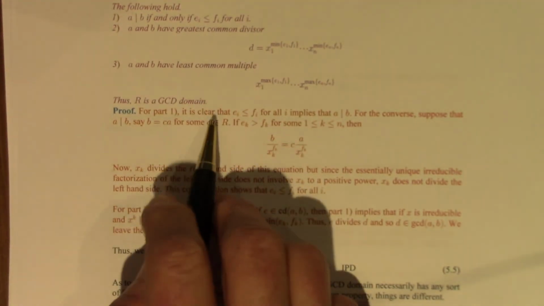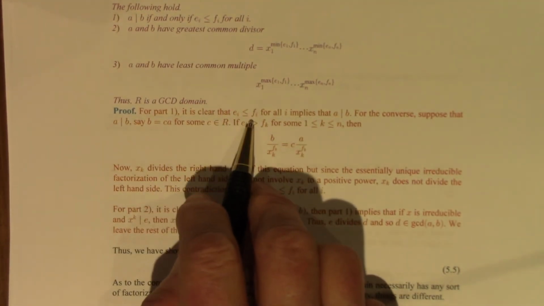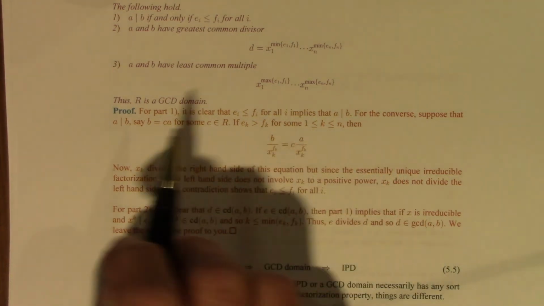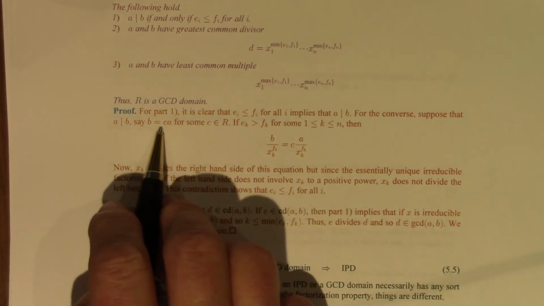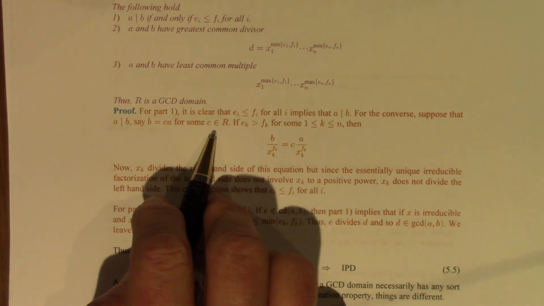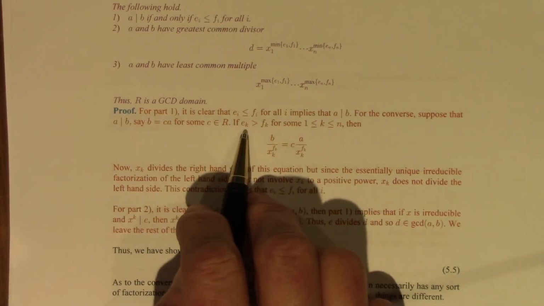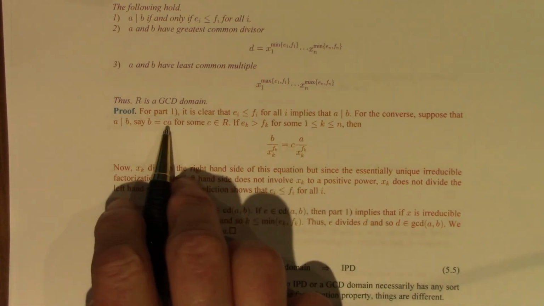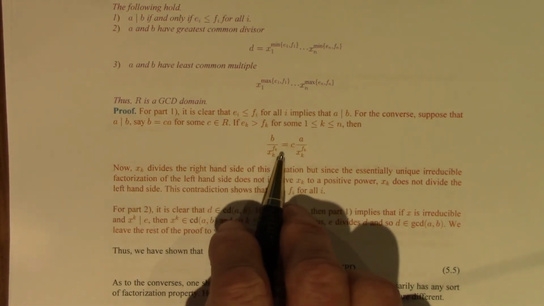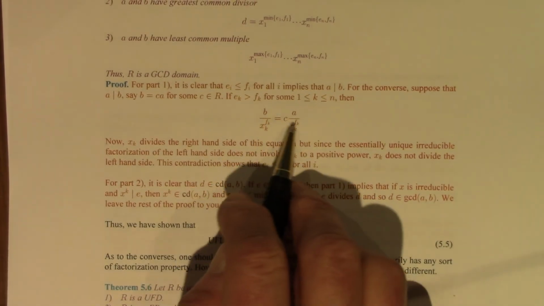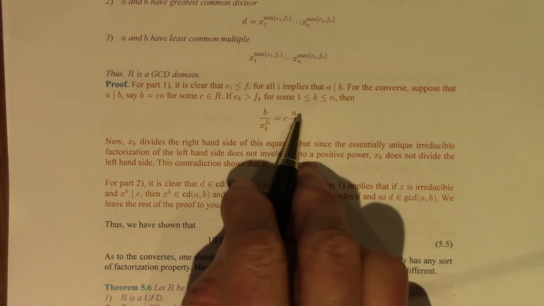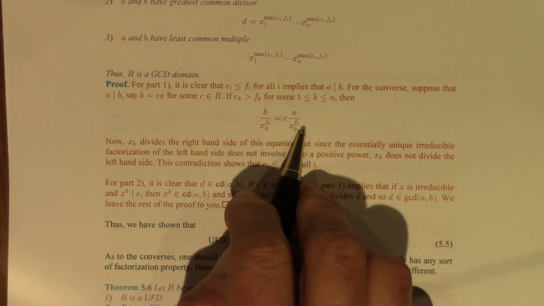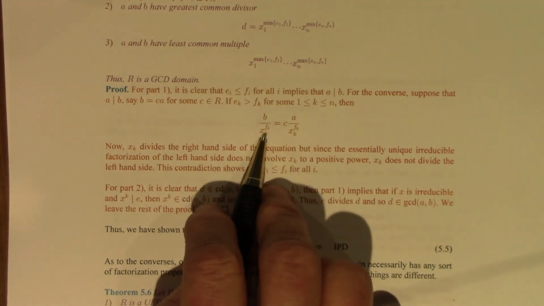As for part one, it's certainly clear that if e_i is less than or equal to f_i, then A divides B. For the converse, suppose that A divides B. So B is C times A for some element C. If one of the exponents e_k was bigger than f_k, you could factor from both sides of this expression x_k to the f_k. Now x_k divides this side because A has a factor x_k to the e_k, so there's still at least one x_k floating around over here, but none over here.